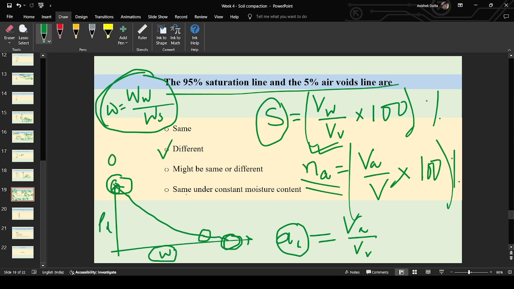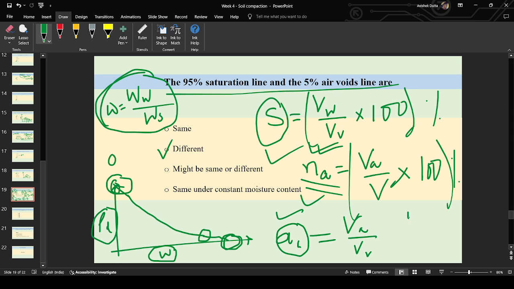So first of all, it might be difficult to correlate using these three lines, taking this as a parameter. I don't believe it is theoretically possible that rho d equals 0 for any soil. For example, if you assume the dry density in gram per cc, exactly at the w equal to 0 point, dry density becomes the specific gravity.